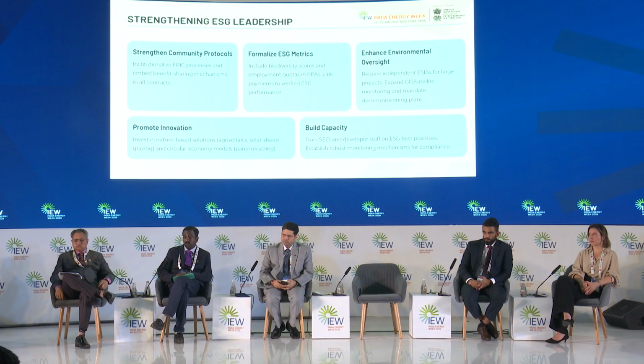So how can we strengthen this ESG leadership in the coming time? First is strengthening the community protocols. As I mentioned, institutionalization of the local arrangement is very important because it has to reach the central government. As we follow the FPIC process, it has helped us in onboarding the local community for this purpose.